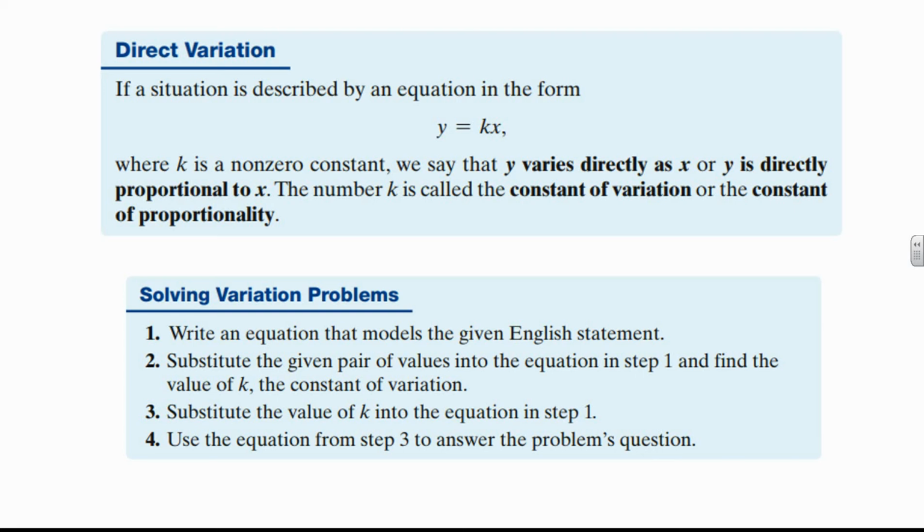So in the problem, they're going to give you these simple word problems, and what you're going to see is something like y varies directly as x. Then you're going to write y equal to k times x. K is the constant of proportionality that must be determined. So what is k? We don't know, but we can find it. Right? We can't forget k, because k is that go-between link.